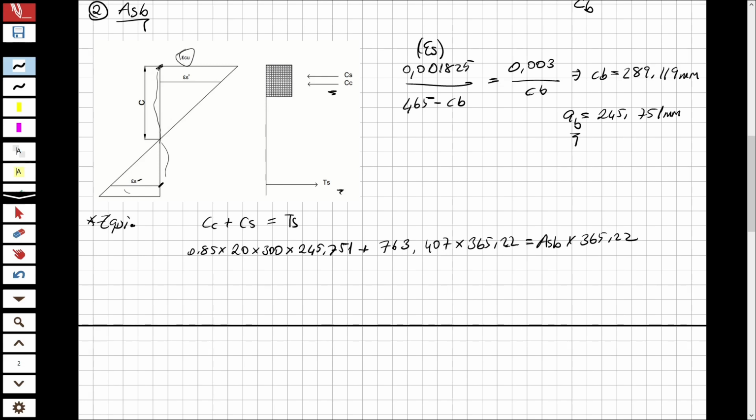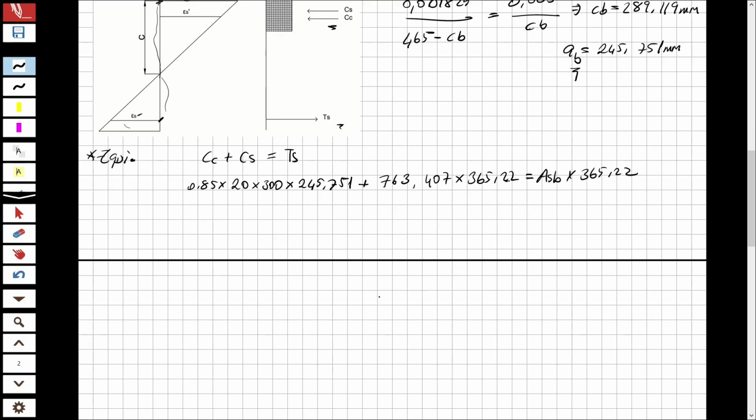If it is yielded, you are going to write 365.22 for S420. And from this equation, I'm going to obtain the balanced steel area, which is 4,195.123 millimeter square. This is ASB, the balanced steel area.